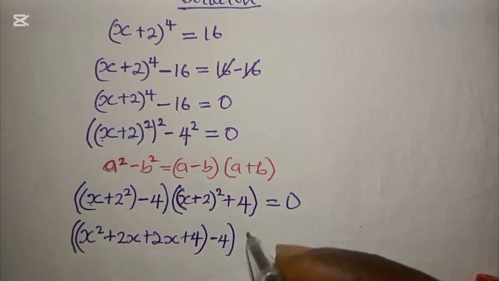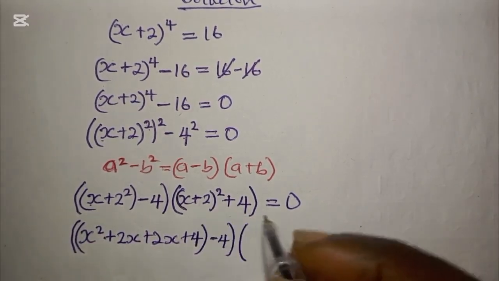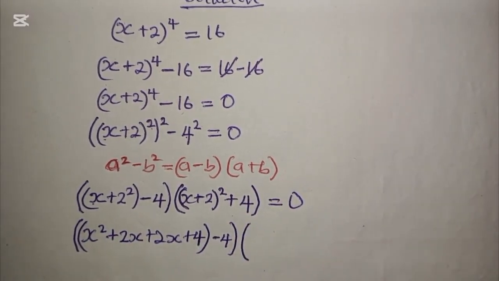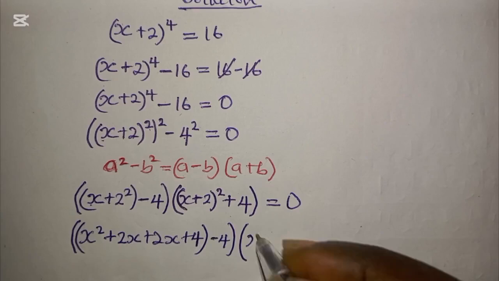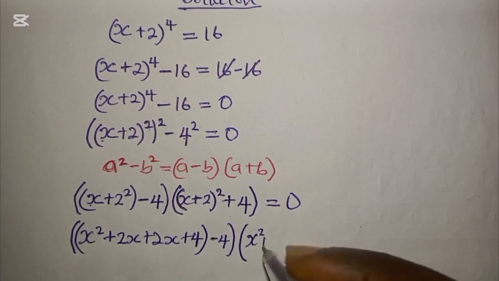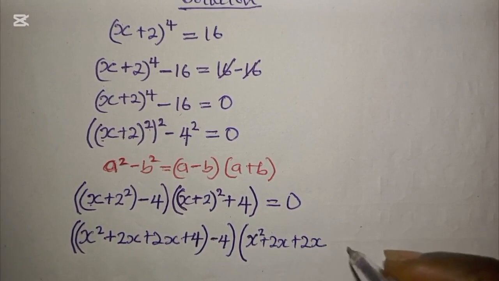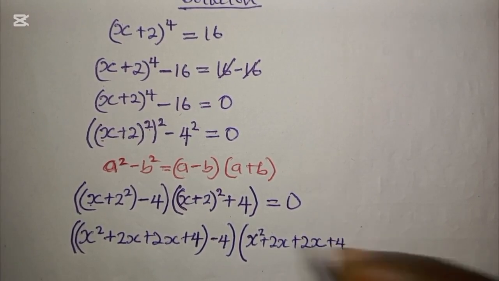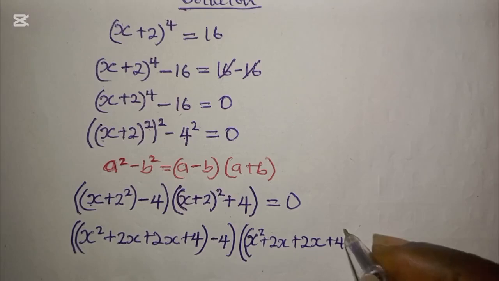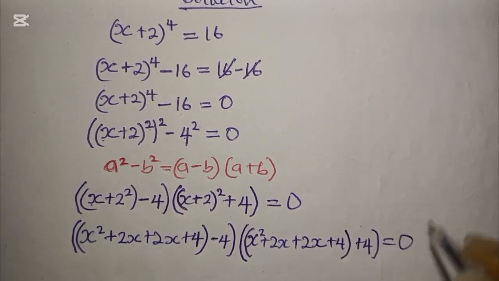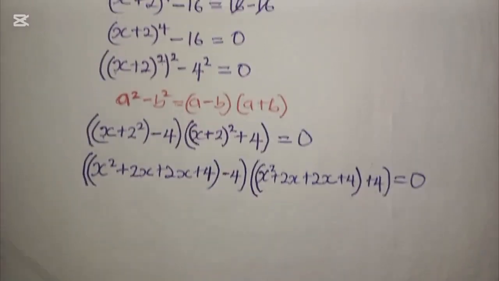Then for the second one, we also do the same. We expand this. If we expand that, we have x squared plus 2x plus 2x plus 4, then plus 4, all equals 0.